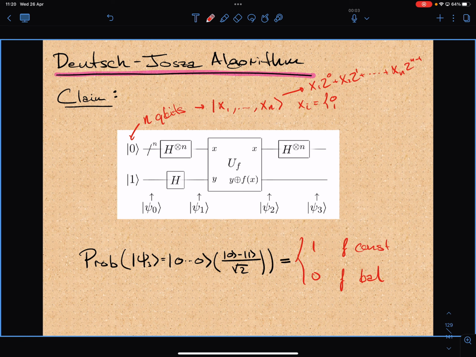So the basis is the set of numbers from 0 to 2 to the n minus 1.